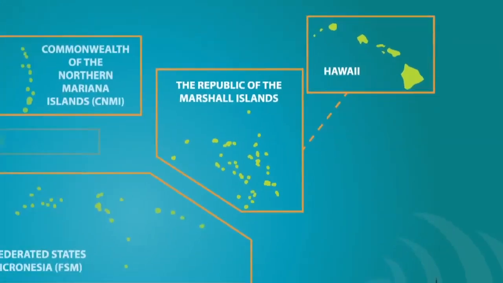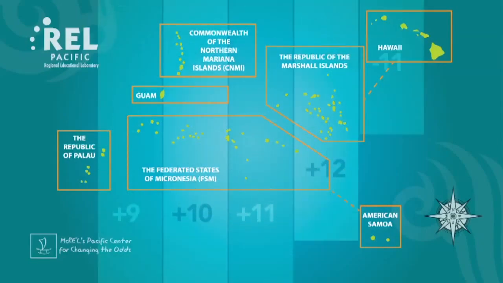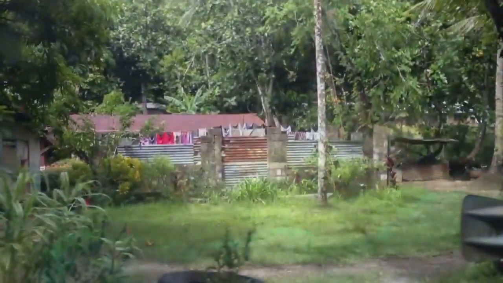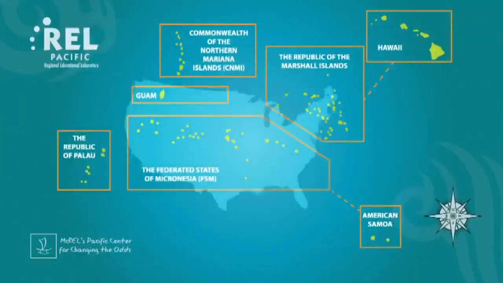The REL Pacific region is geographically vast. The region served by REL Pacific covers 5 time zones and more than 1,000 islands, islets, and atolls. The region is mostly rural and spans a geographic area larger than the entirety of the continental United States.